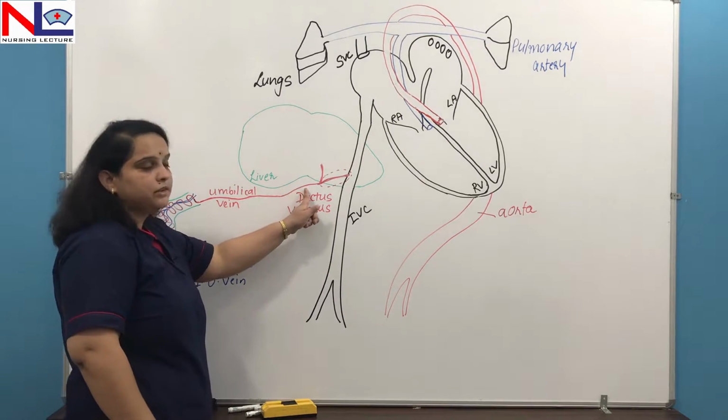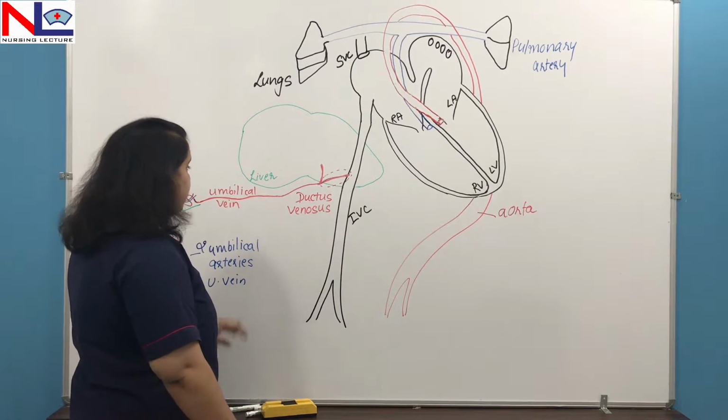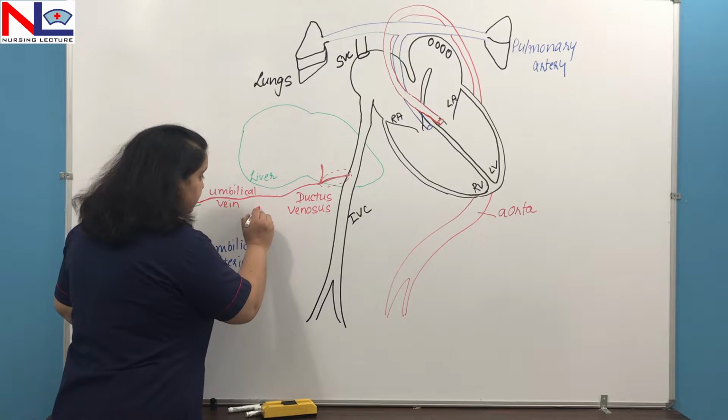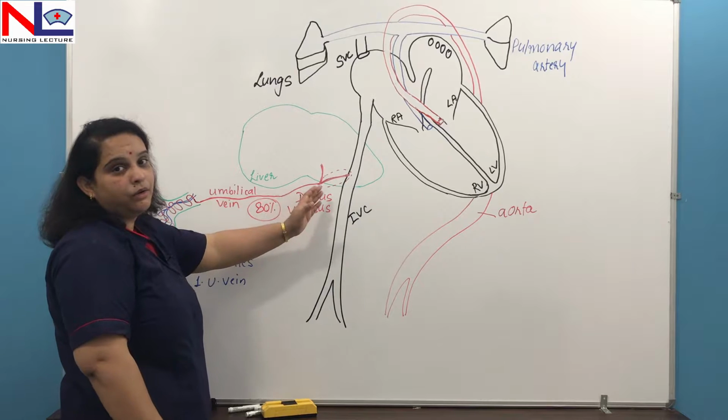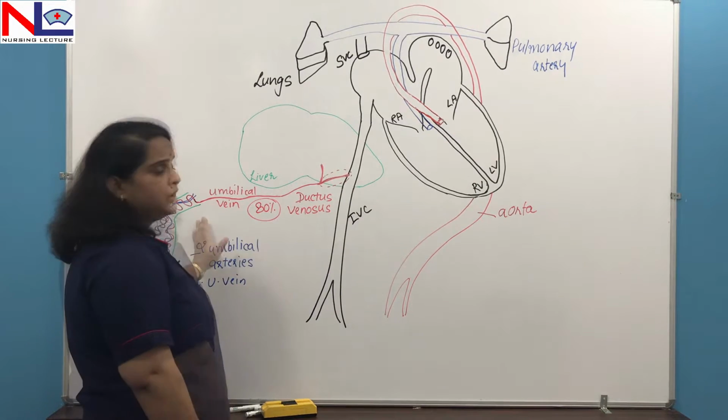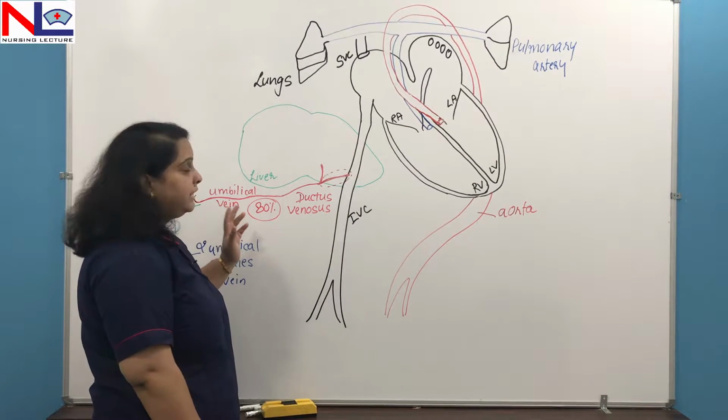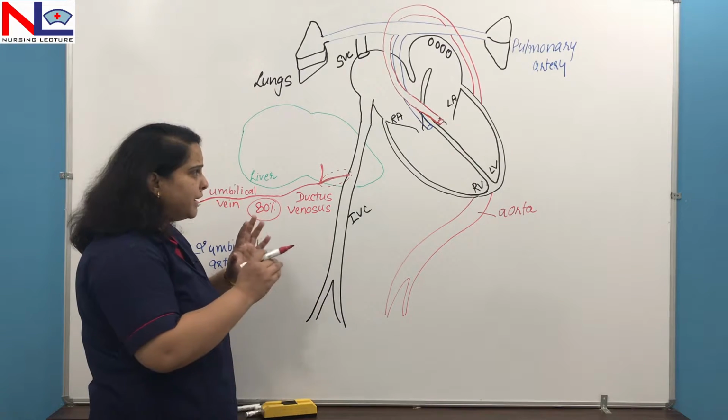Okay, because this is also a vein and this is also a vein, and this umbilical vein carries 80% saturated oxygen in this flow system.